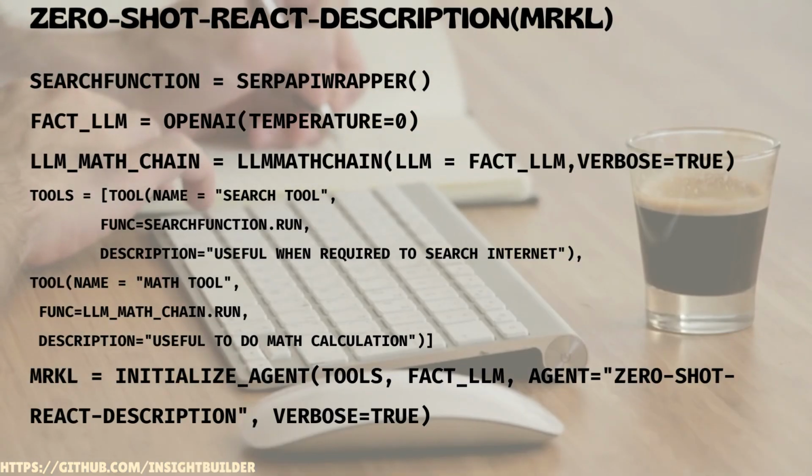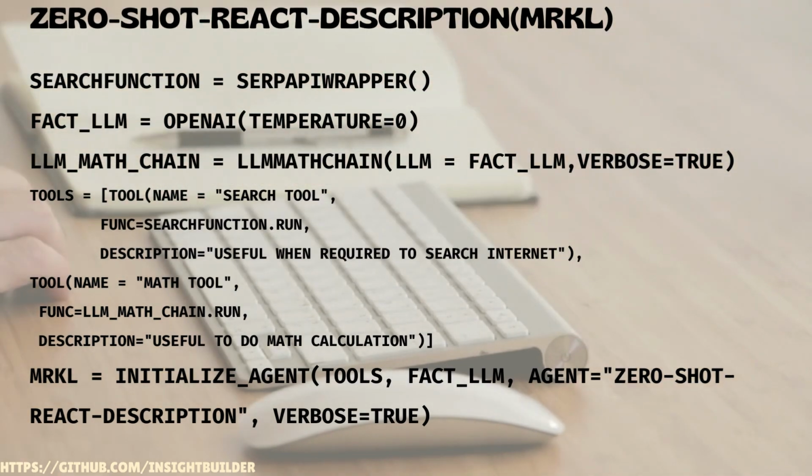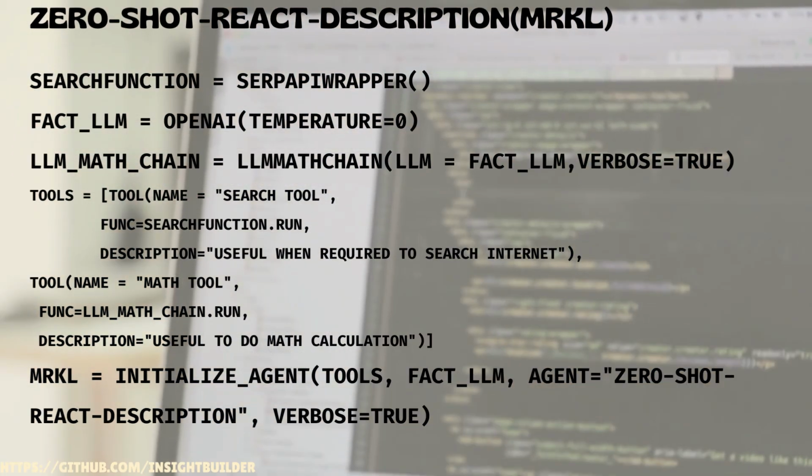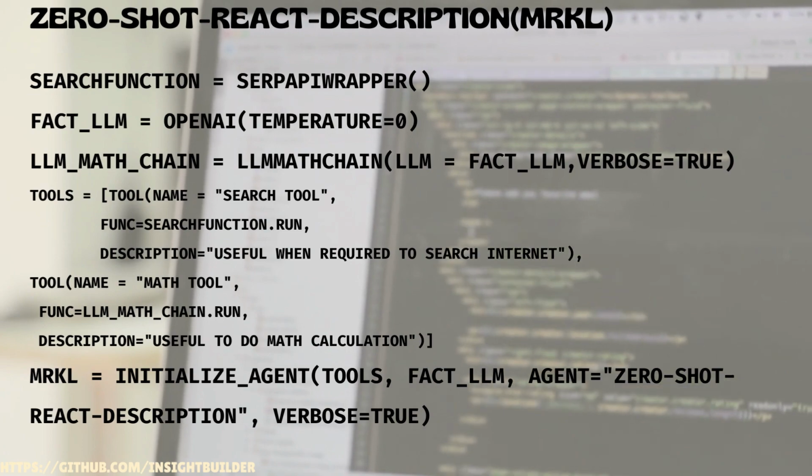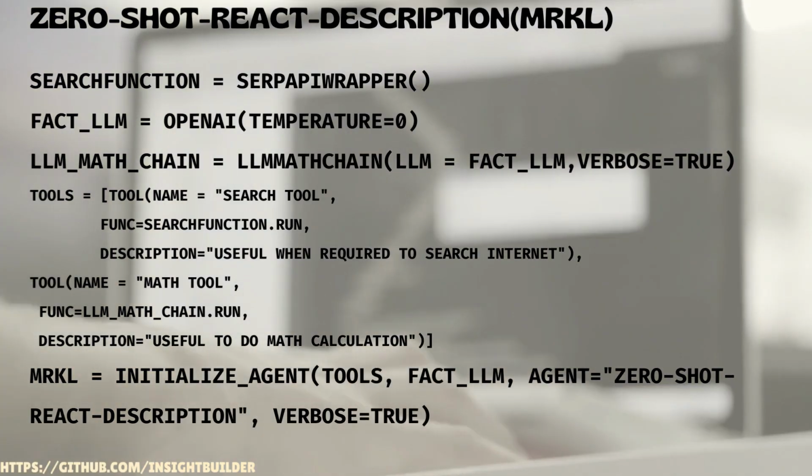So what is happening is that when the agent connects with the language model, it starts searching first, and then based on the search output, if there is a calculation required in the query, then it will use the math function. All this instruction is given in the description of the tool.